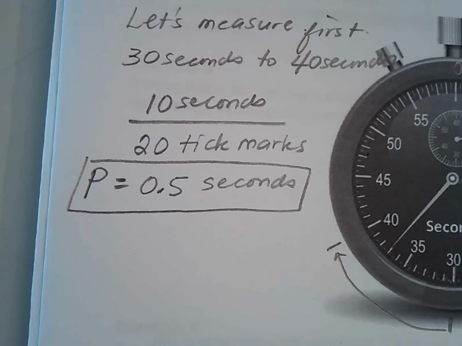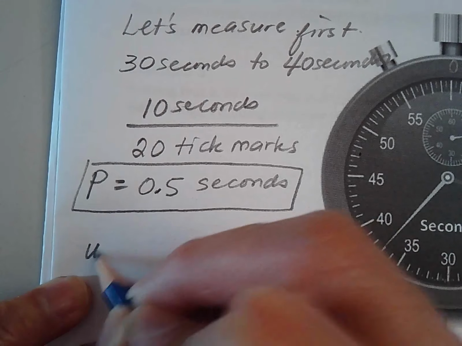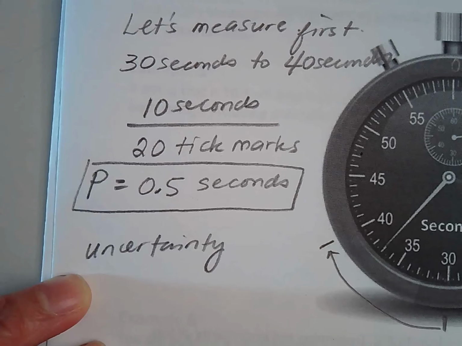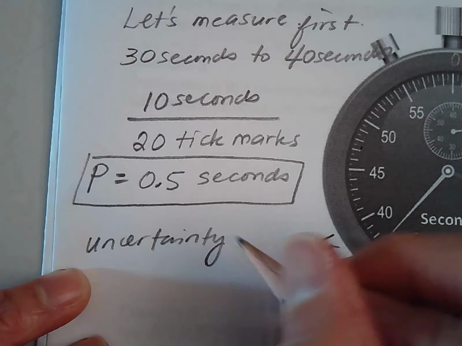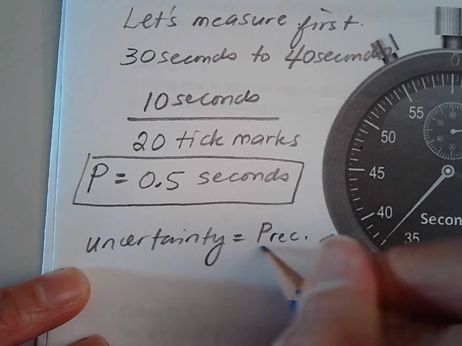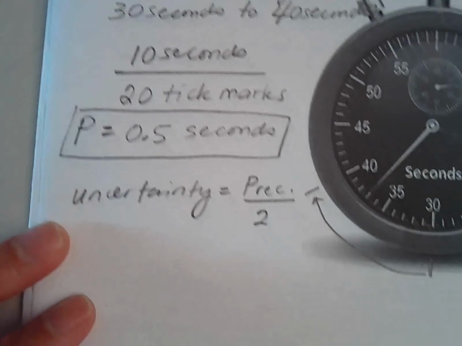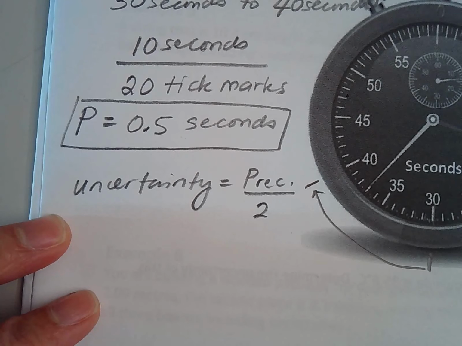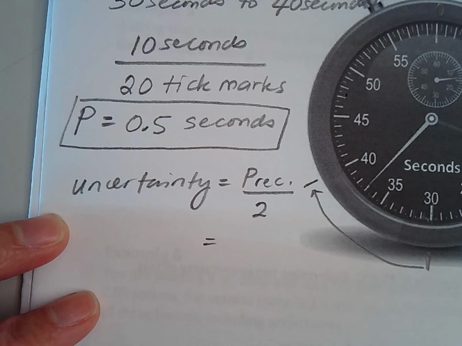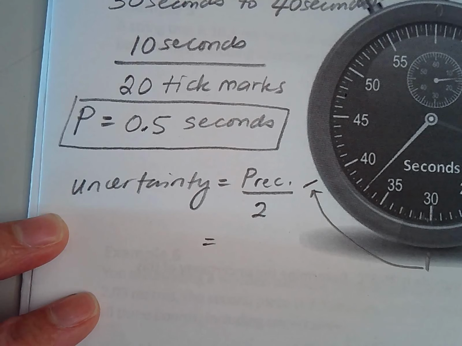Now we're going to do the uncertainty. Uncertainty is equal to precision divided by 2. Okay, so that's the formula. So precision becomes the point where we are, if it's hovering between the middle, then we are just not sure exactly what that is.